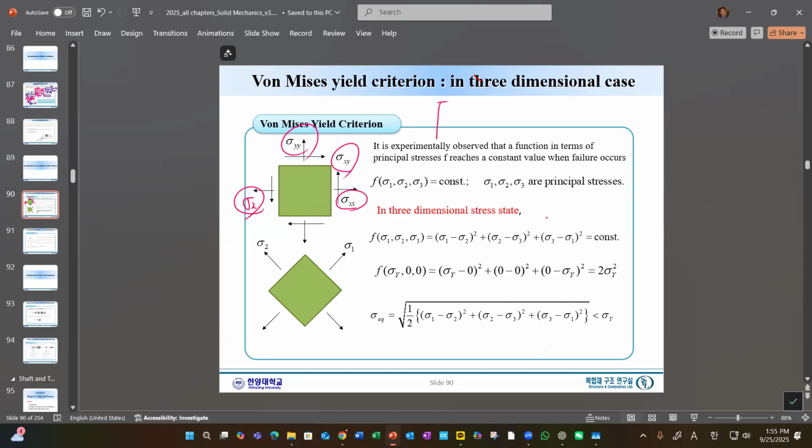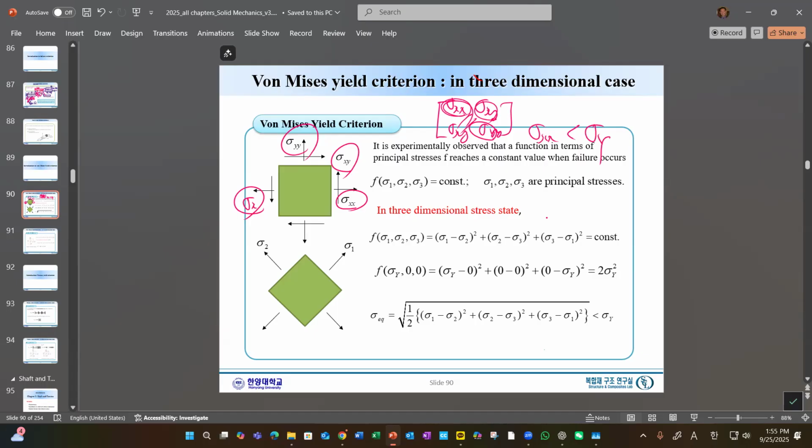Now we have three components: sigma xx, sigma yy, and sigma xy. If this is one component, we do know sigma xx should be less than yield strength. Now, what kind of equation, what kind of rules do we have to meet when we have three components? That's the question we'd like to answer.